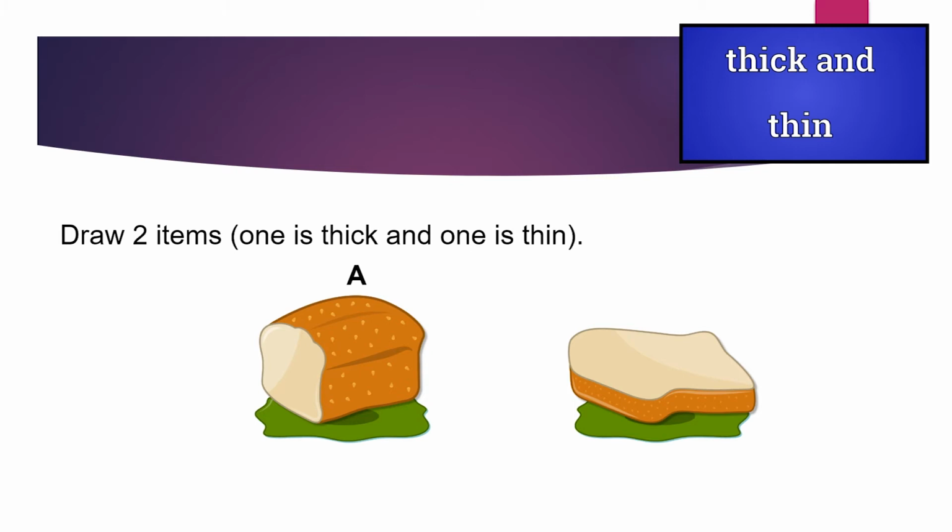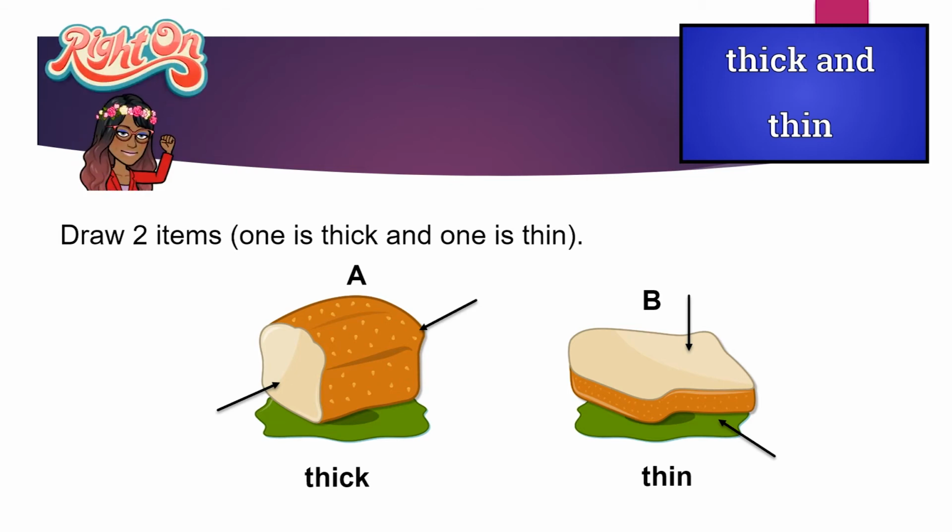Bread A is thick and bread B is thin. Do you realize that bread A has its opposite sides or surfaces far apart, while bread B has its opposite sides or surfaces close together? Yes.